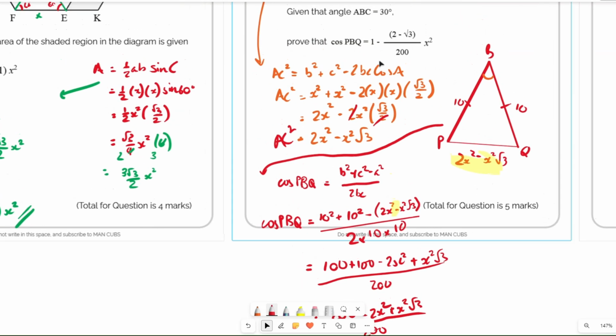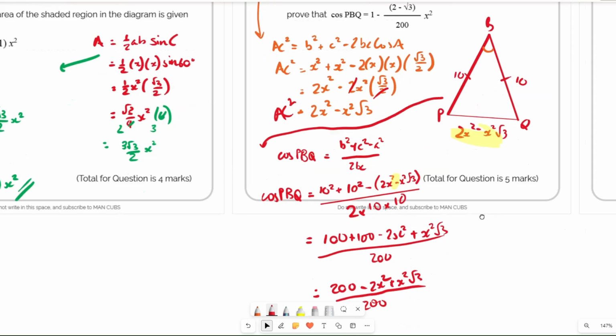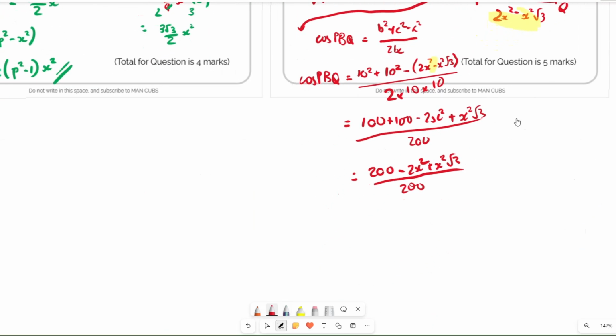But we're going to look at the form it's in, right? You can see that they've got a 1 on the side. So what we're going to do is rewrite this fraction as 2 separate fractions. So we're going to have 200 over 200 minus, because we're subtracting this bit, aren't we? Minus 2x squared plus x squared root 3 over 200.